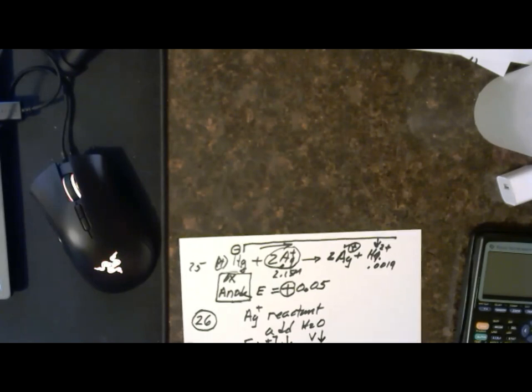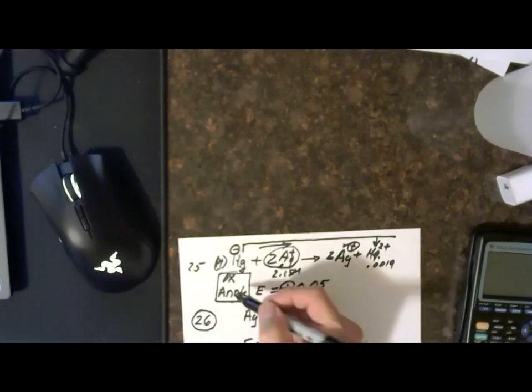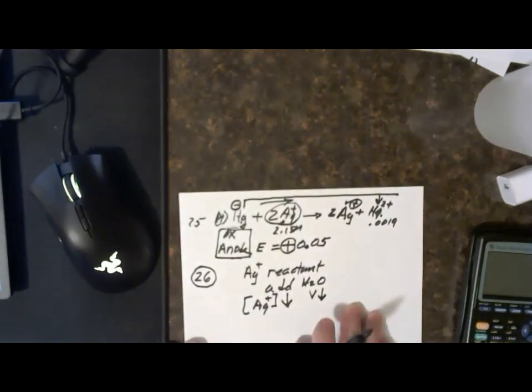It shifts left to make more of that silver ion. So shifting left, it decreases the voltage. So adding water decreases this concentration and causes the voltage also to go down because I've decreased the reactant concentration. Equilibrium shifts to the left.